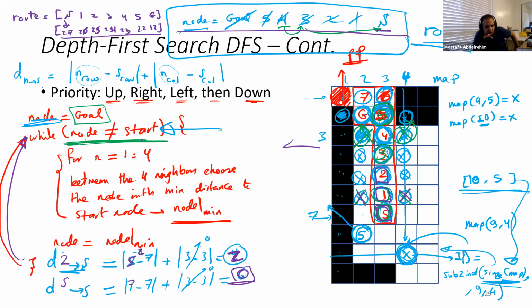I guess that was just to show the shortest path in gray. I think that was just for visuals.